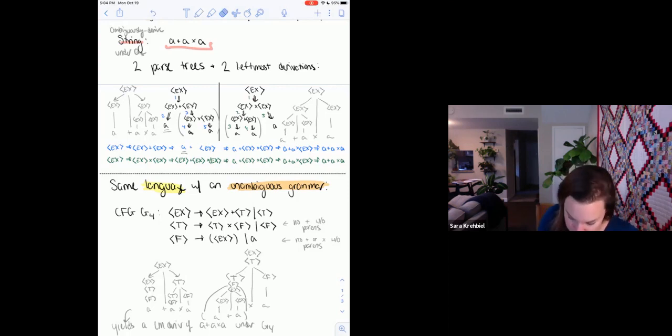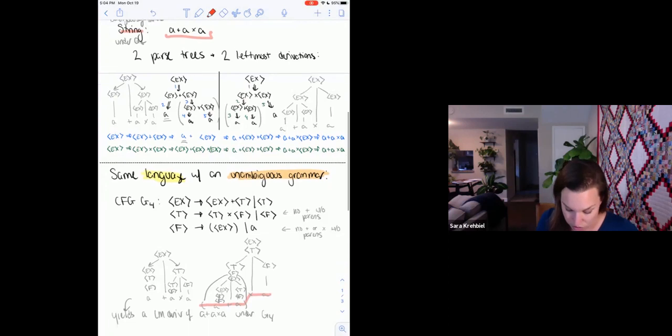And then the expression can become an expression plus a term, and then we'll have to bubble everything down to factors, and we get A. So this is something that's kind of like the shape of the old parse tree, except that it's a different string now because I have these parentheses in it.